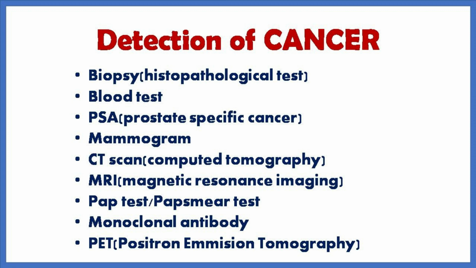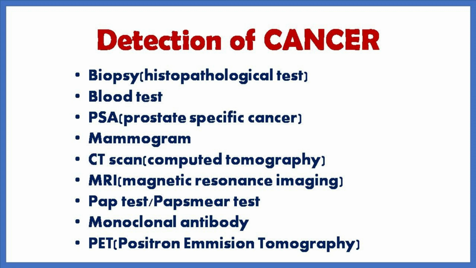MRI is the most popular method nowadays, and MRI means magnetic resonance imaging. With the help of a magnetic field, we can detect the cancer, and it is a very safe technique because in this technique radiation is not used.